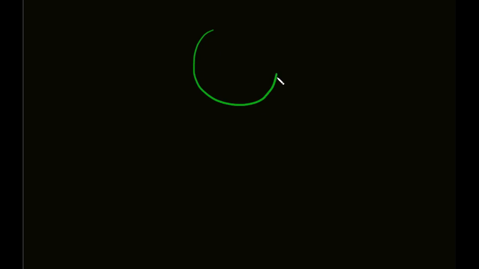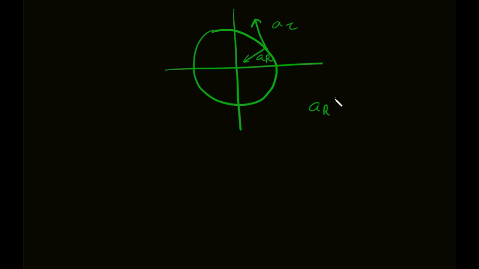Now, if there are both accelerations, say centripetal and tangential, this would be a_tau and this would be a_r. Assume. So the total acceleration would be the root of a_r square plus a_tau square. Now the total acceleration would not be directed towards the center but somewhere here.